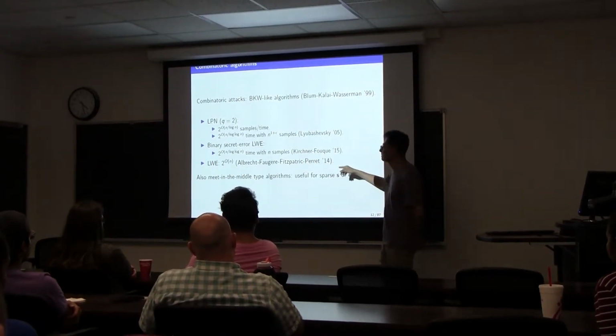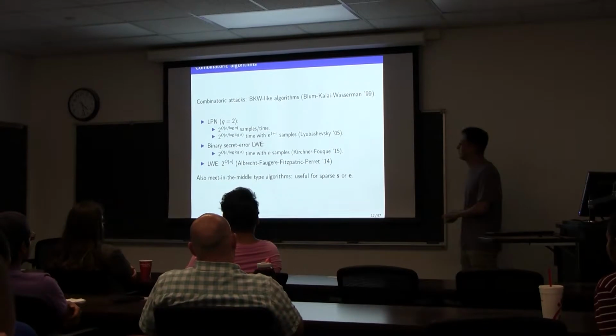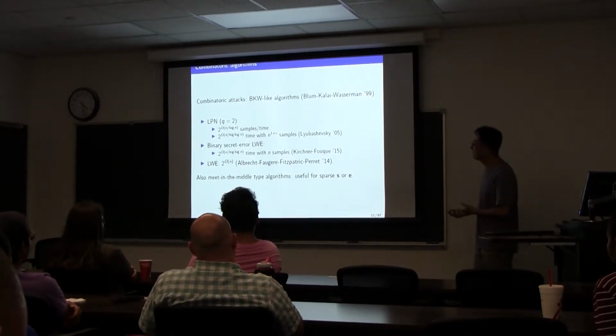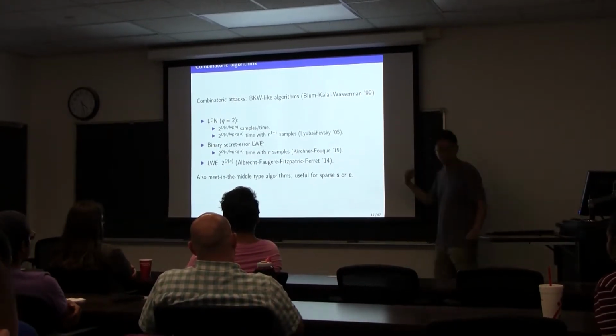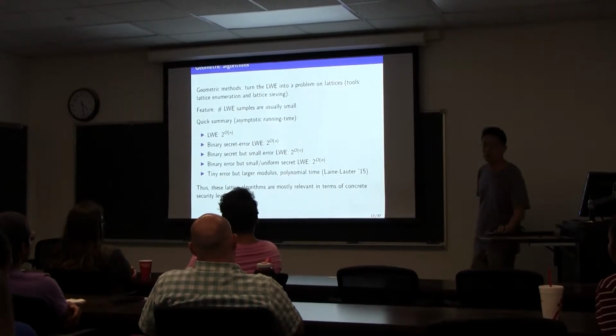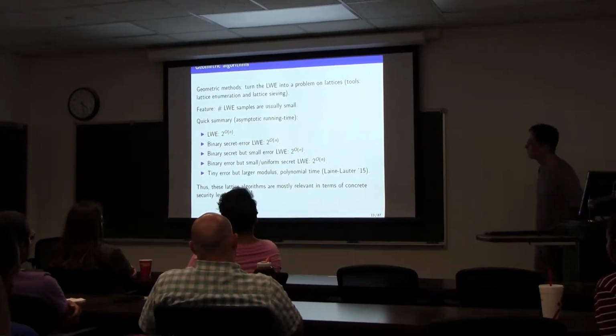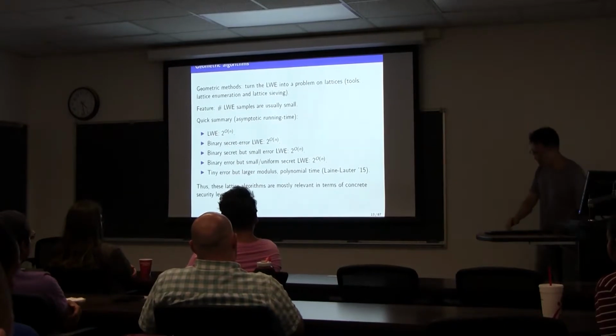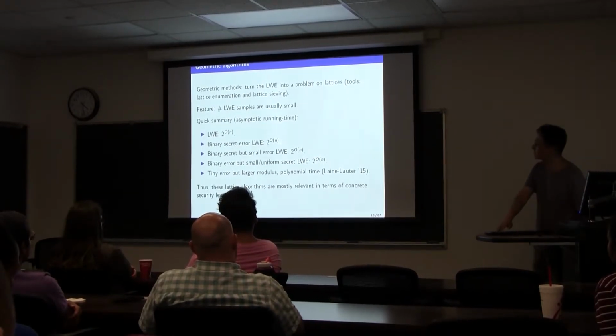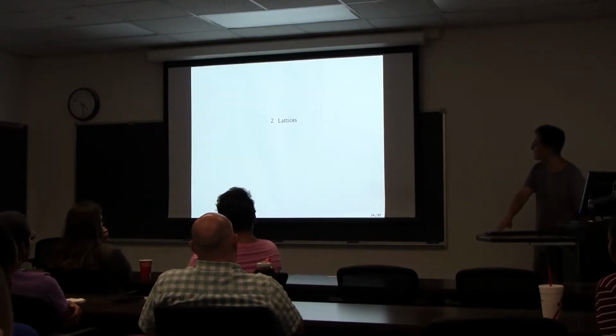But in practice, the parameter we are interested in is not big enough to make sure that this is smaller than 2 to the order n. That's the main reason why we are interested in this. In practice, n is no more than 1,000, for example. Then this lattice reduction algorithm is most interesting in this case. That's the purpose of this lattice reduction algorithm.